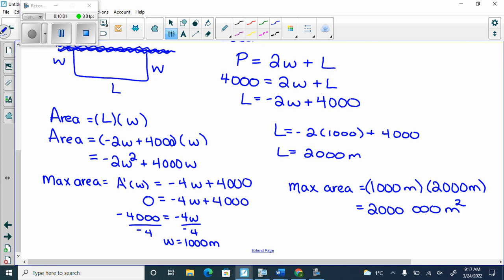So it's a large area, which it should be, because you have 4,000 meters of fencing. That's a large area you can cover, especially when one side doesn't need to be fenced.